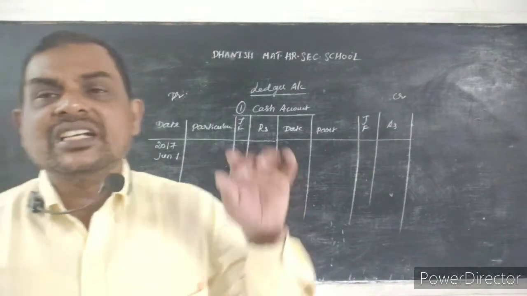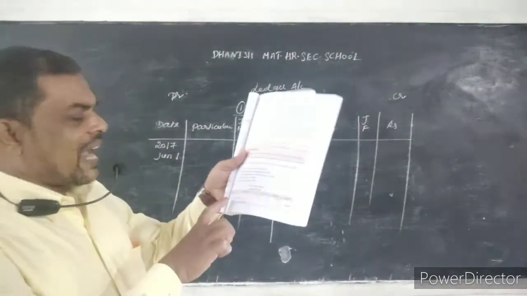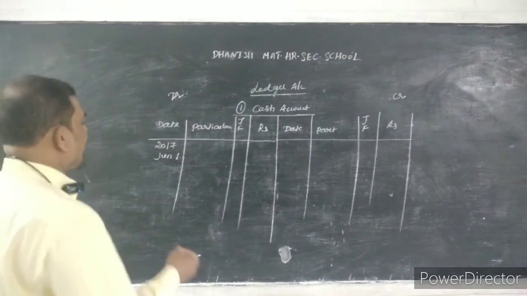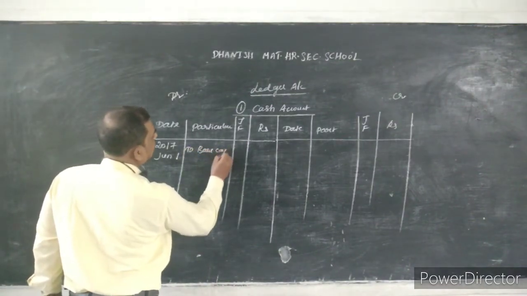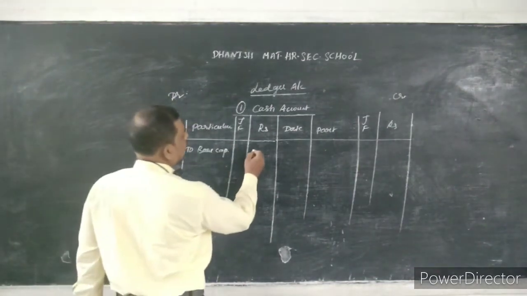If cash is in debit, you have to write the corresponding credit entry only. So here cash account debit to Basu's capital is there, so you have to write to Basu's capital account. What is the amount? Amount is 50,000.